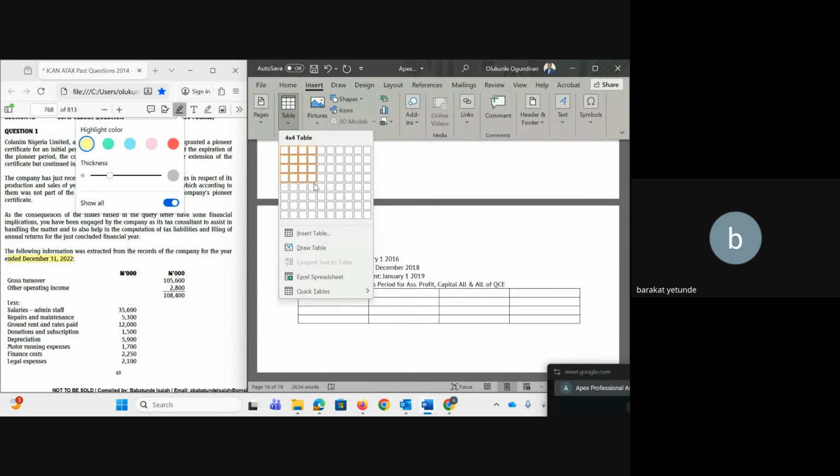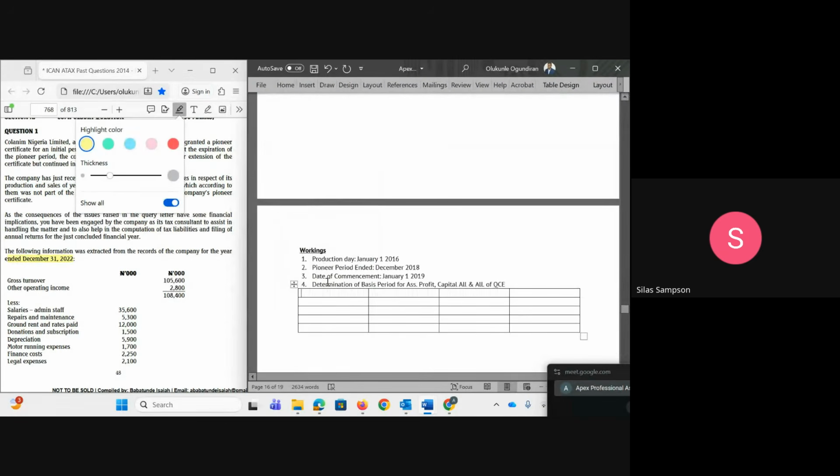So YOA, basis period, zero profit, basis period, capital allowance, allocation.